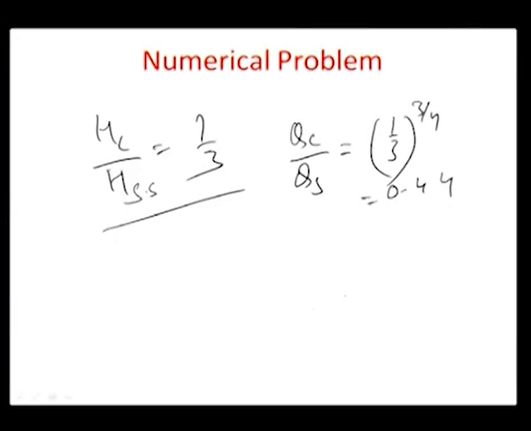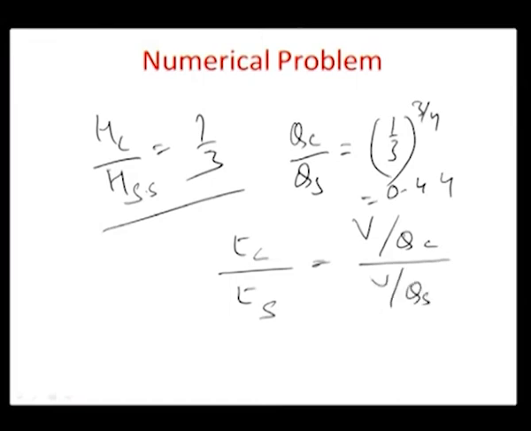So, we can easily say that the time of machining when the tool is changed from copper to stainless steel is basically equal to the total volume that you want to machine using the material removal rate of copper, by the same volume by the material removal rate in case of steel, which is actually QS by QC. And this actually is 1 by 0.44, about 2.27.